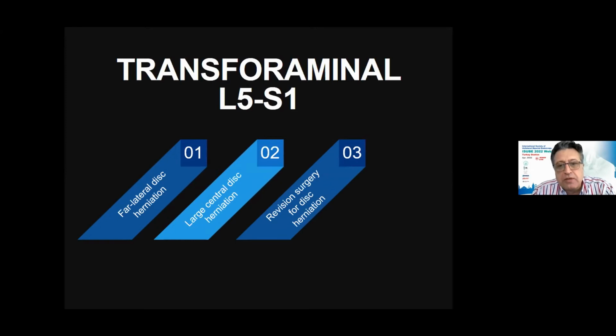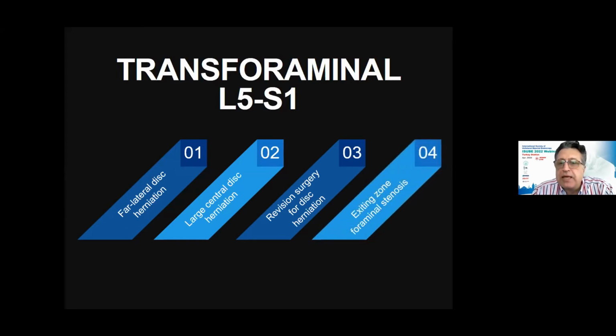It seems to be easier to remove without having a war with the scar tissue, and also for exiting zone foraminal stenosis by the classification of Lee. I use transforaminal surgery. So my transforaminal surgery for stenosis is limited only to the exiting zone of the foraminal stenosis, by the lateral border of the SAP.